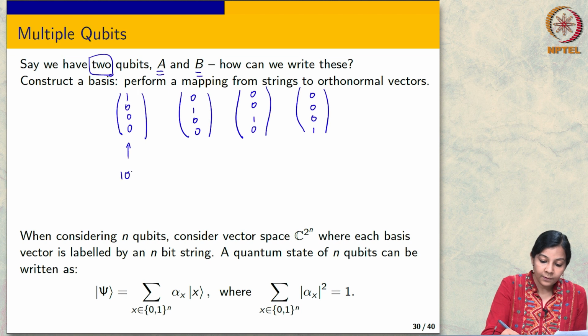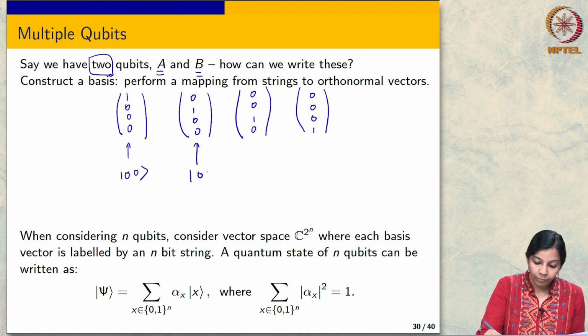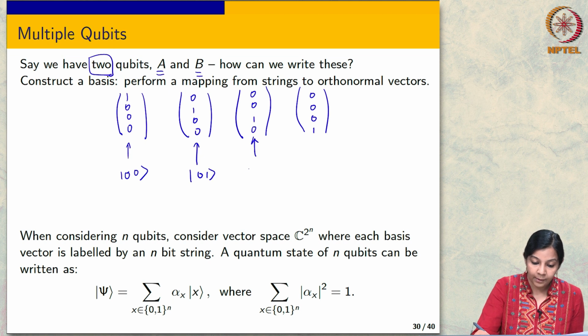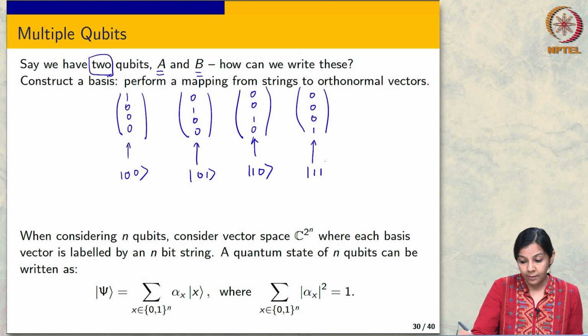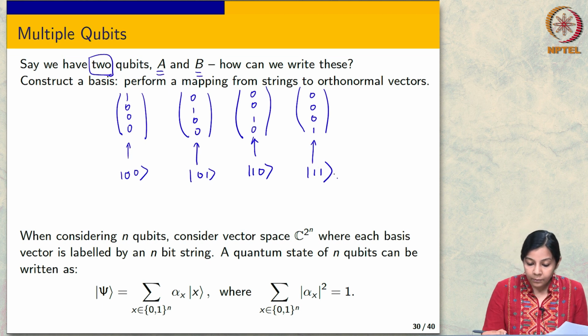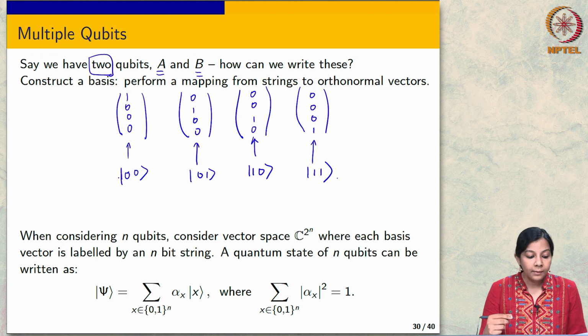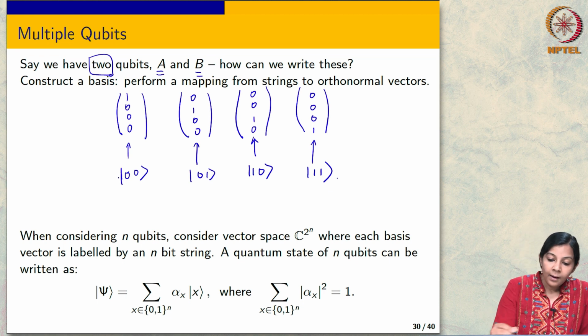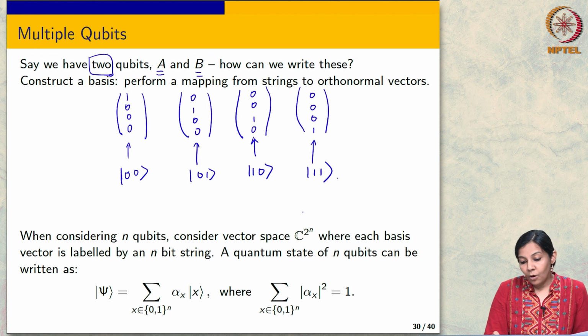And this is called the following. Now any 2 qubit state I can write as a linear combination of these.